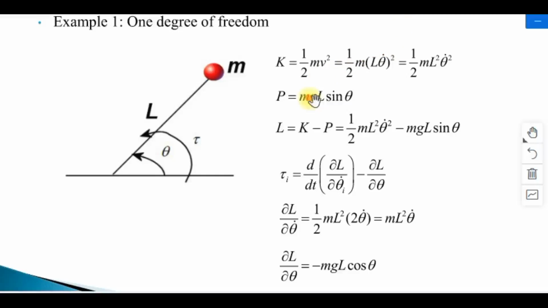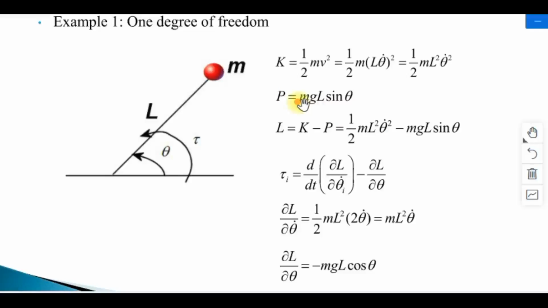So m into g, but how do you calculate P? P equals mg into h. This angle is theta. This is L. So the height is L sin theta.